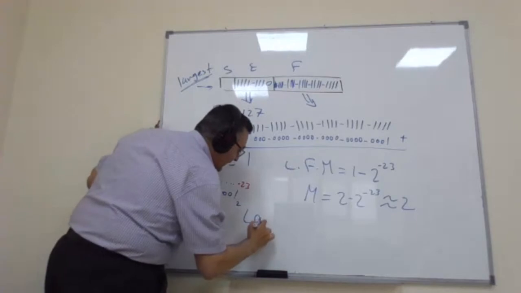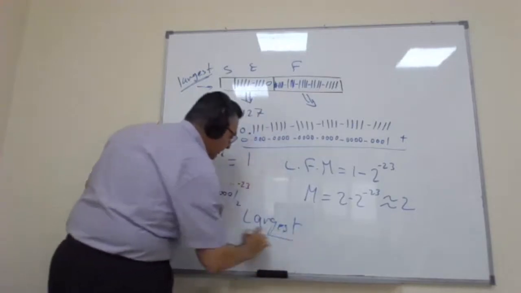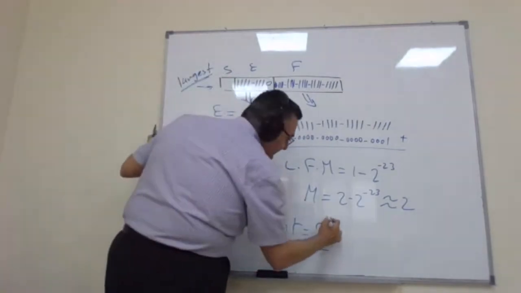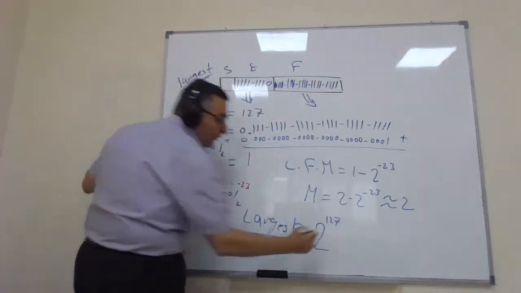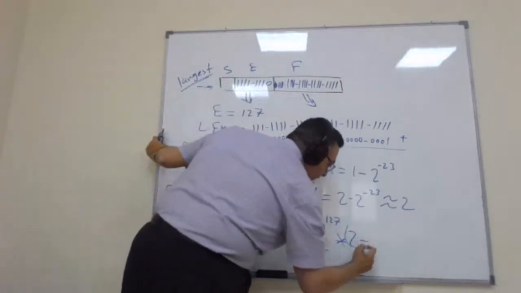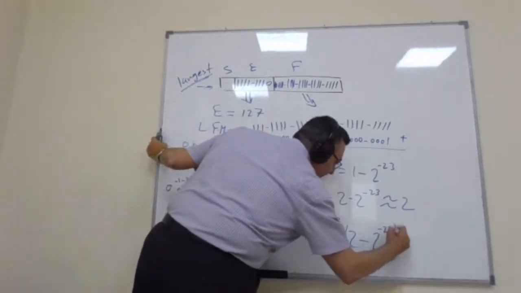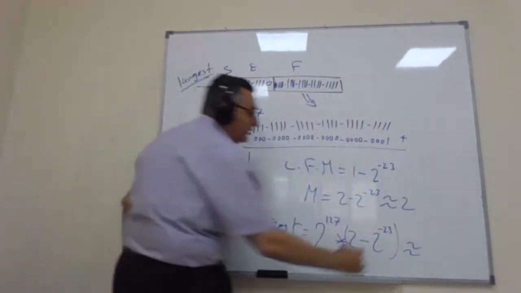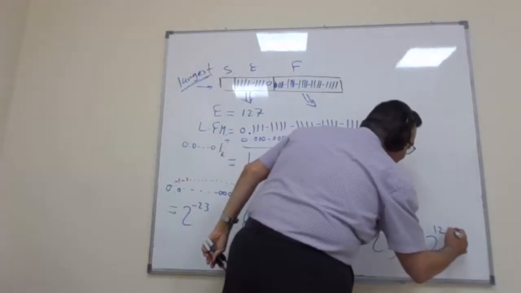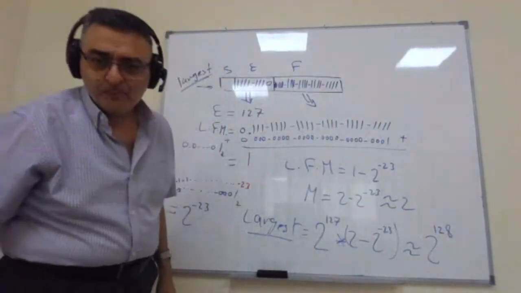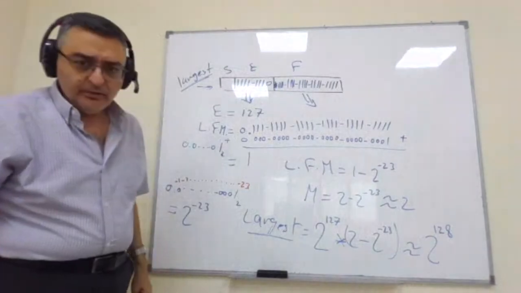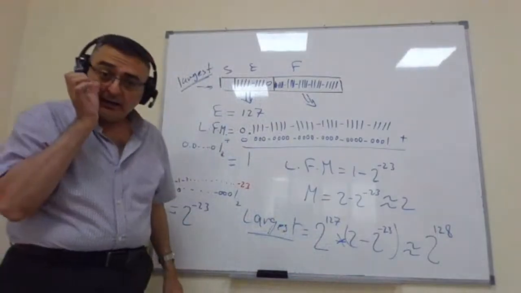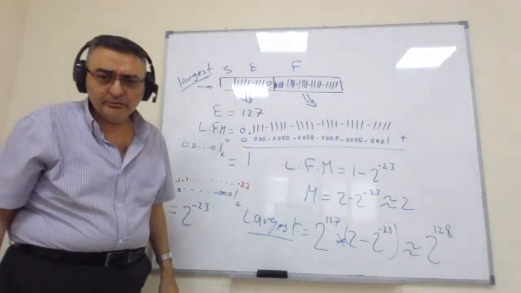The largest number ever is actually 2 to the power 127, an exponent, multiplied by 2 minus 2 to the power -23, which we said is approximately 2. So it comes to almost 2 to the power 128. Agree? Almost, because this is a very small fraction. Do you agree?